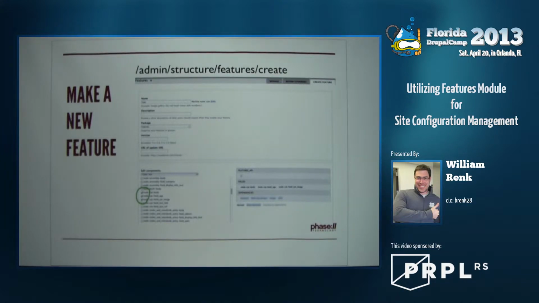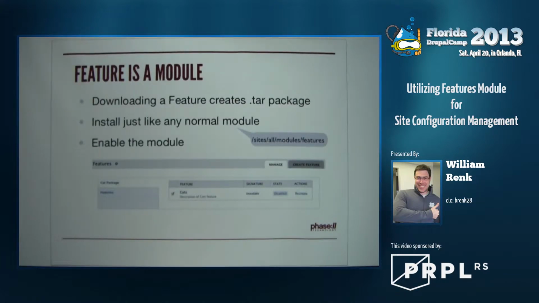So I don't know if you heard the question, but if you just go to the modules UI page, your feature will be listed under what you put as the package. URL of update XML, well, I wonder if that's on the next slide where it talks about that.